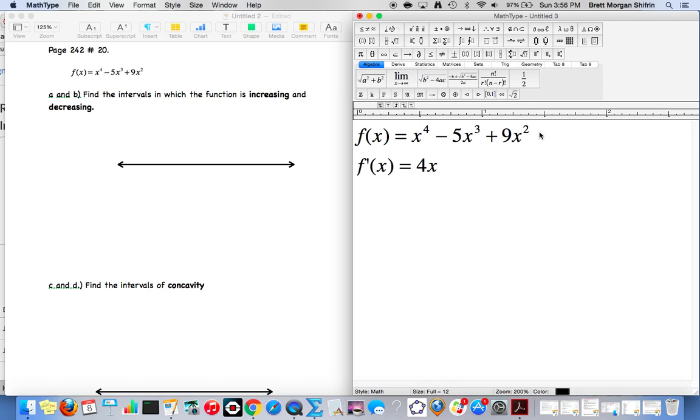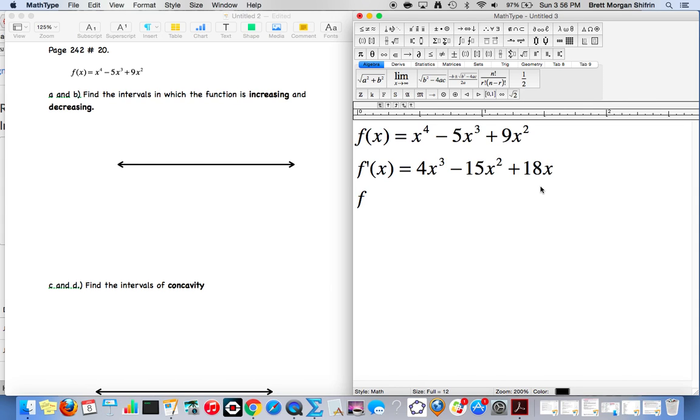And we know it's 4x cubed minus 15x squared plus 18x. And we know that our slope will change from being positive to negative or negative to positive when the first derivative equals 0.